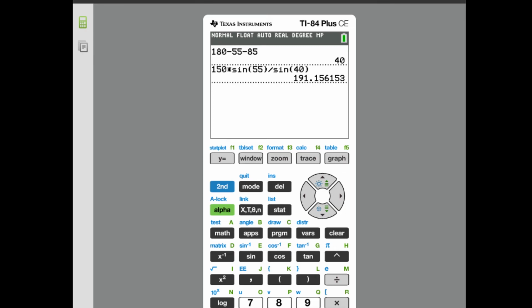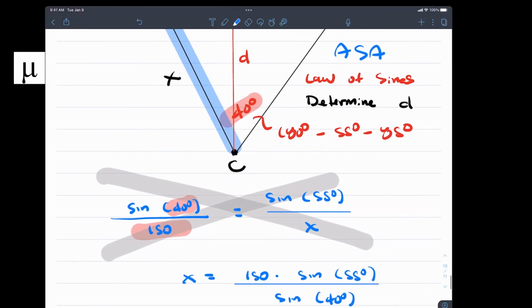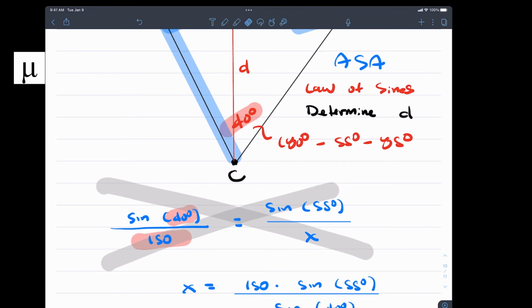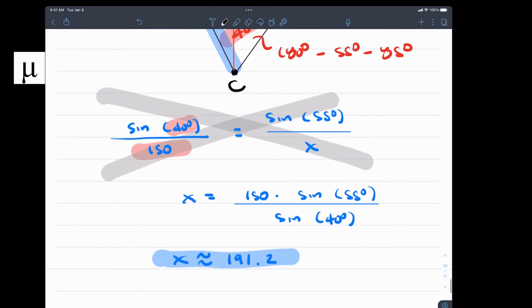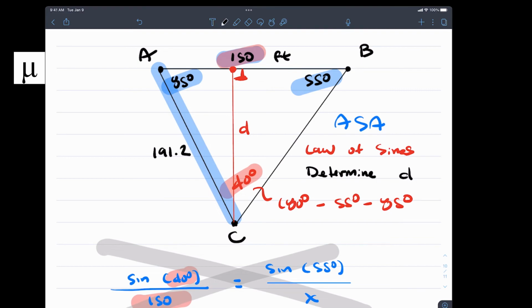You now get what? 191 point what? 2. So 191.2. So you're going to get this distance over here. All right, you guys okay with that one? 191.2. All right, now you say, am I in the position now to get D?